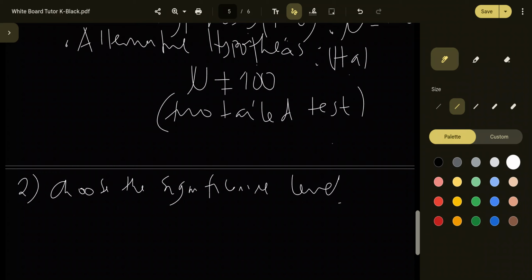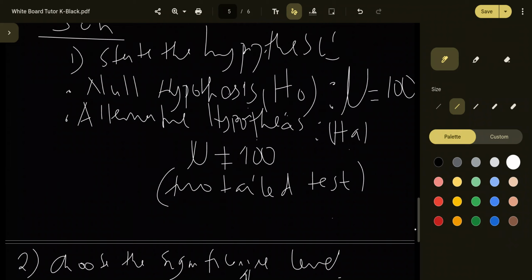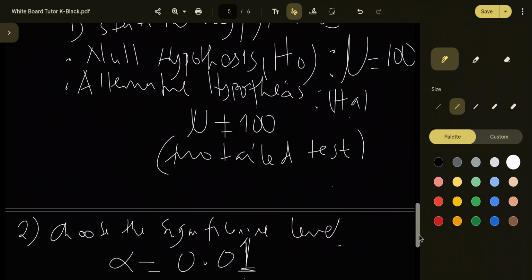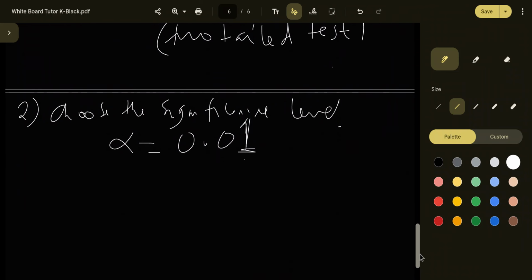We've already been given the significance level. It is 0.01. That is what we've been given. So we have the significance level of 0.01.